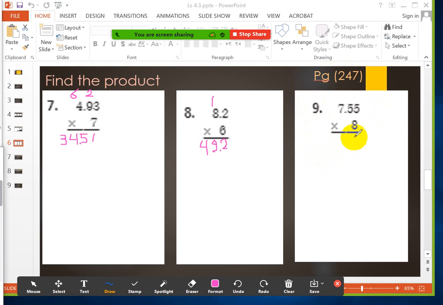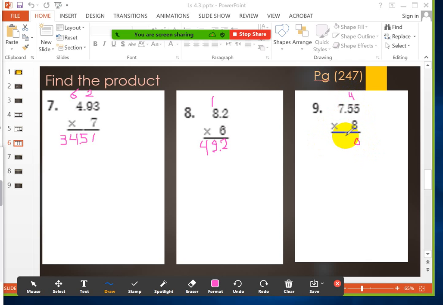Let's start with you. 8 multiply 5 equals 40. Very good. So I will have to put 0 here and 4 above the tens. 8 multiply 5 also is 40, and plus 4 equals 44.